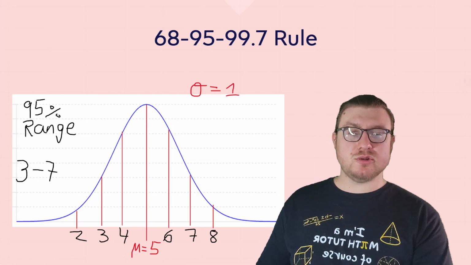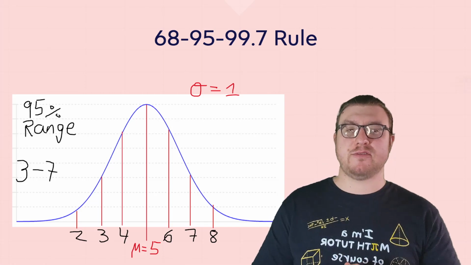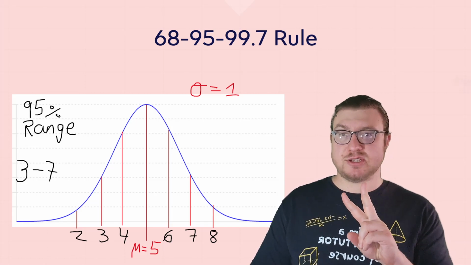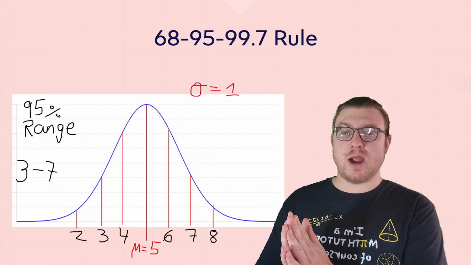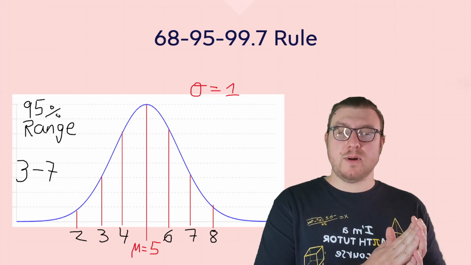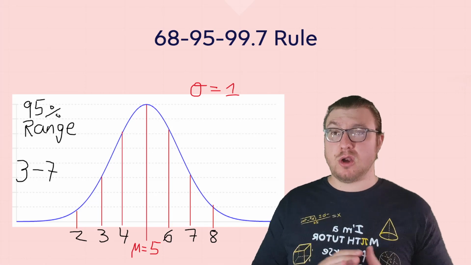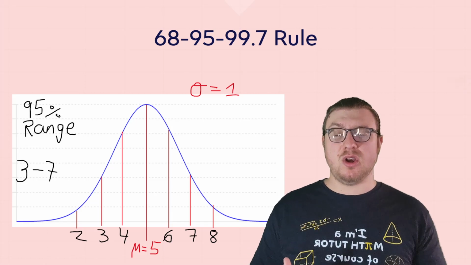You can also do this with the 95% range, which is the 95 rule. Here we talk about 2 standard deviations away from the mean either side. So 2 standard deviations away would be 3 all the way to 7. Now again, 95% is quite a lot of the data, so we should have a lot of our data in there.